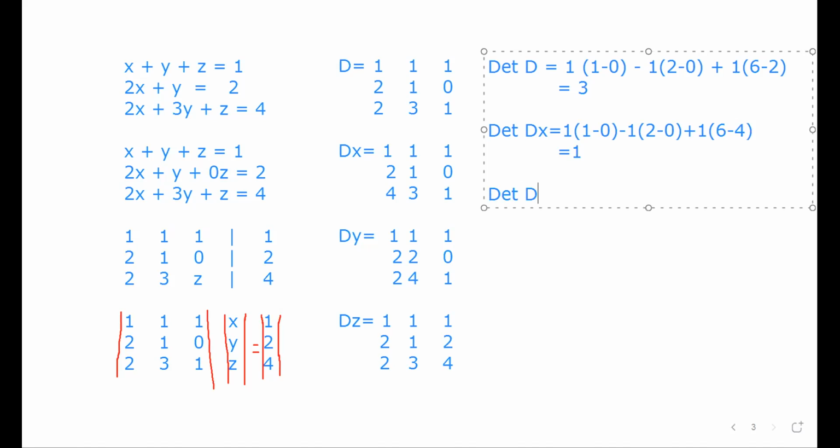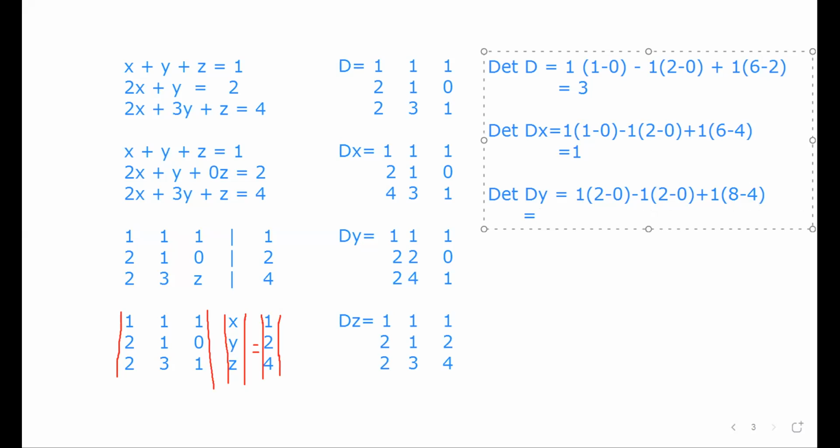Determinant of dy is equal to 1 into 0 minus 1 into 2 minus 0 plus 1 into 8 minus 4, which is equal to 4.